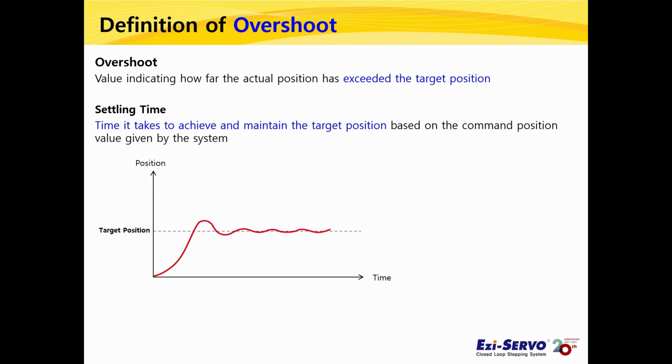In general, the motor does not reach the target position at once. The motor goes through a process that exceeds or falls below the target position as shown in the red line. At this time, the value indicating how far this target position has been exceeded is called overshoot.